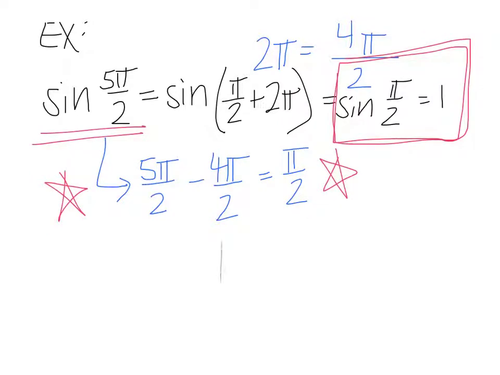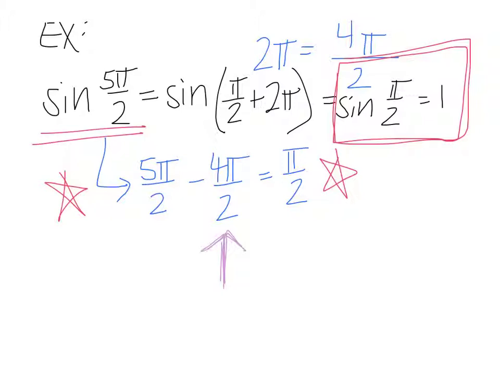How did I know to use 4 pi over 2? Because you want to get a common denominator, okay? When we're working with these functions that are greater than 2 pi, you're going to take off that period. You're going to subtract 2 pi. But I couldn't just put minus 2 pi because I needed a common denominator.